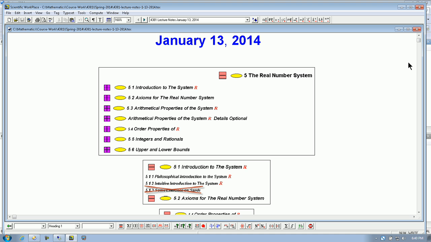I started that last time. I gave you the mantra. Let's say it again. To use the fact that something exists, use the word choose. You can't say choose to prove that something exists. How do you prove that something exists?